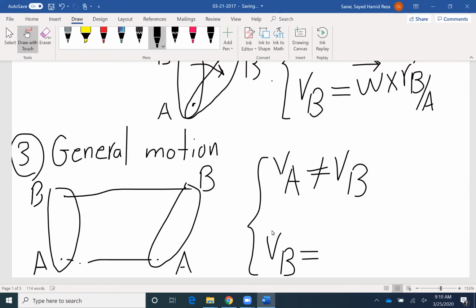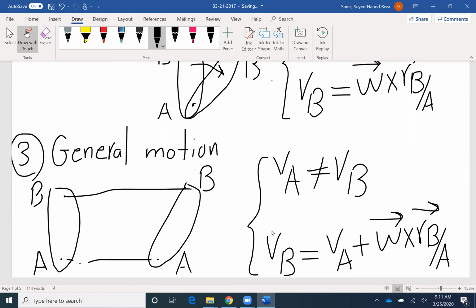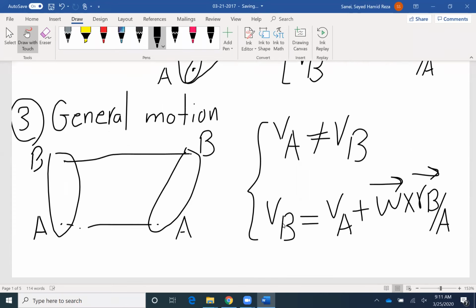So in translation, we say VB is equal to VA. And in rotation, we say that VB is omega cross RBA. So here in a general motion, the velocity of point B is the velocity of point A plus an additional rotation that we have to consider.